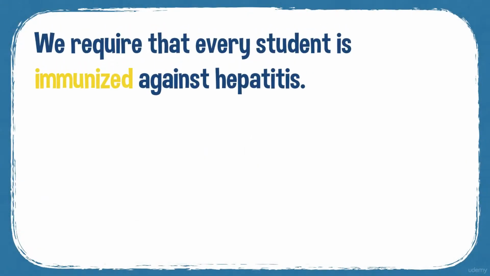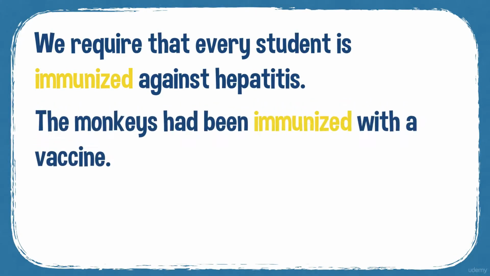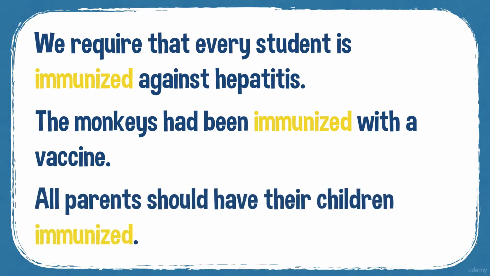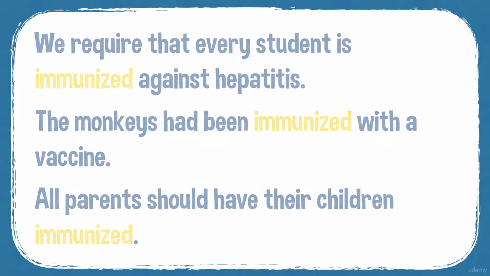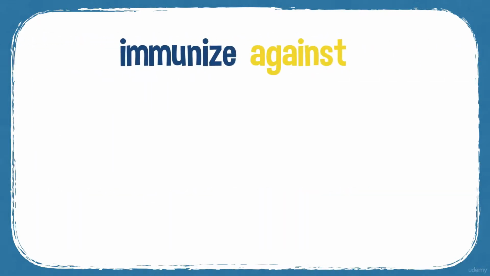So for example, we require that every student is immunised against hepatitis. The monkeys had been immunised with a vaccine. All parents should have their children immunised. A very good idea. Stops disease from spreading.